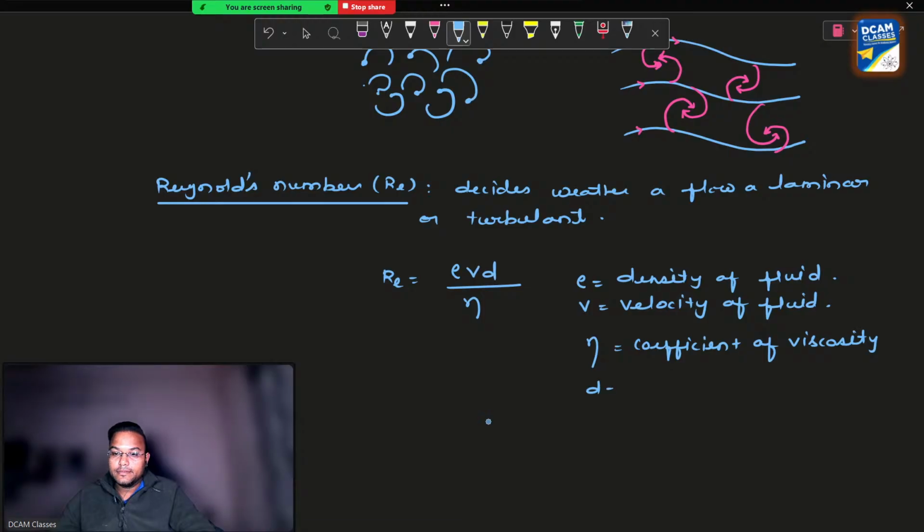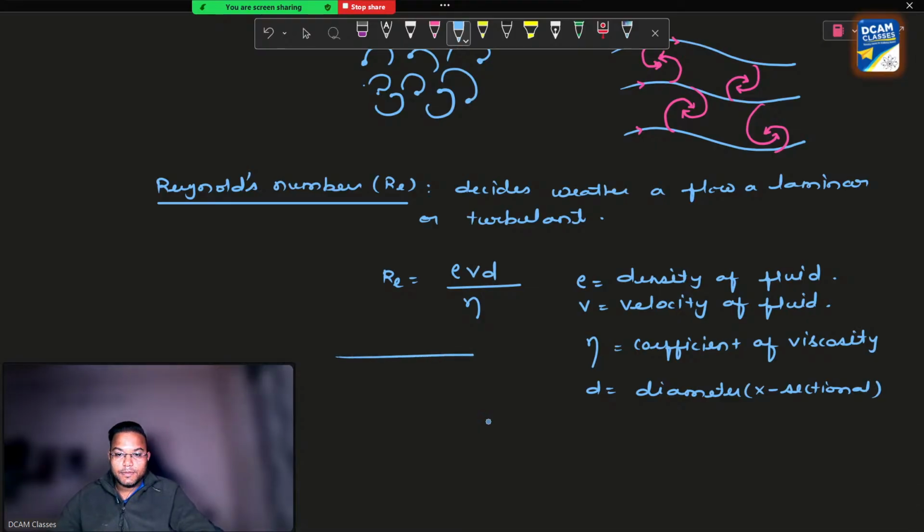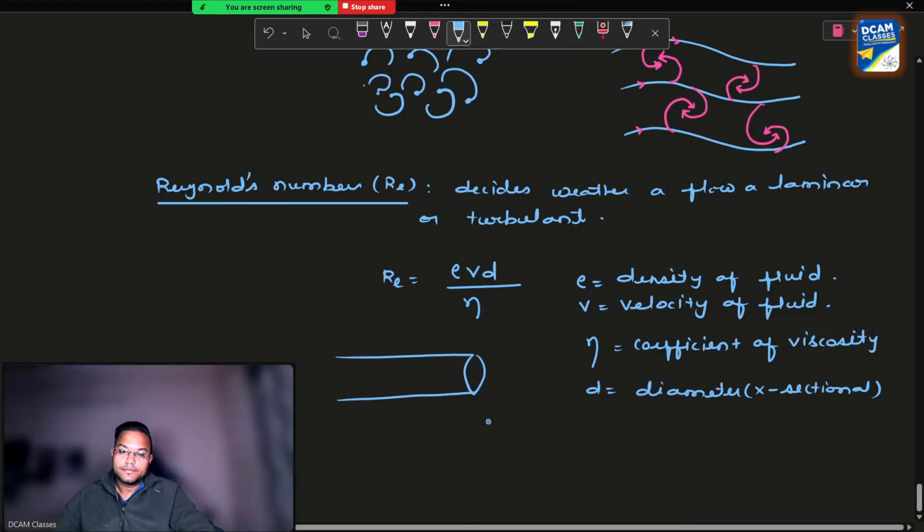What is d? Diameter means cross-sectional diameter. I'll draw it and show you. Suppose there is a pipe from which the fluid is flowing.